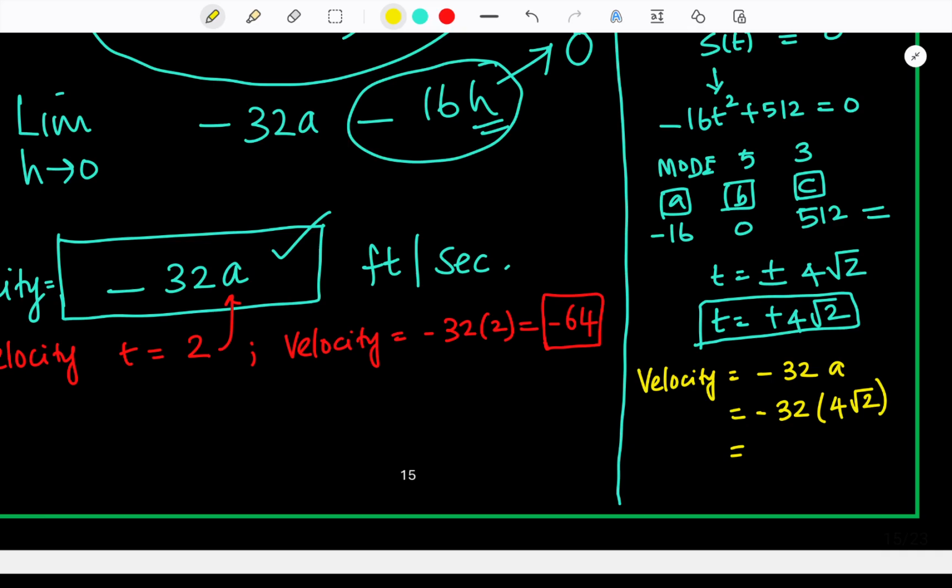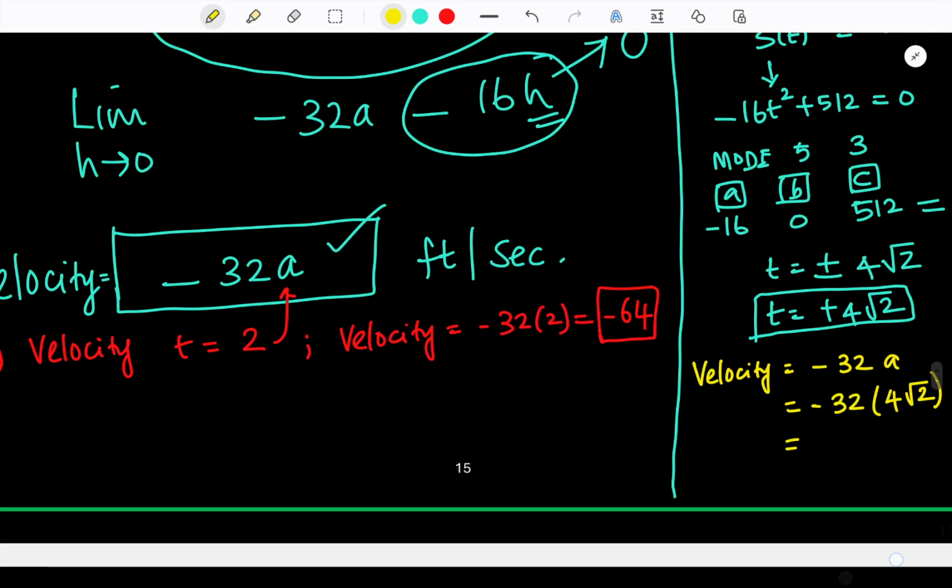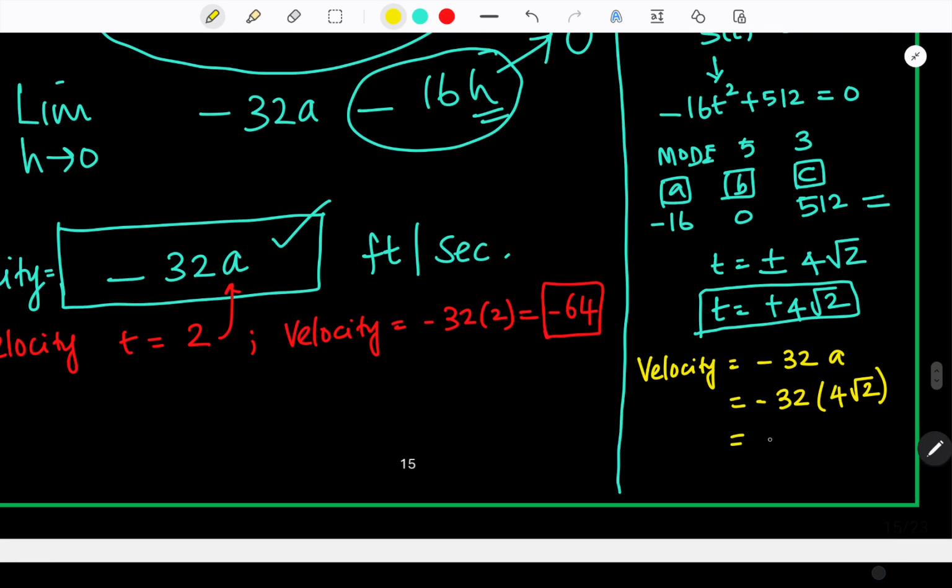Let me put it in the calculator: minus 32 times 4 times square root of 2. So this is minus 181 feet per second. Units we are not concentrating on. So minus 181.01 is your velocity at time t is equal to 4 root 2.